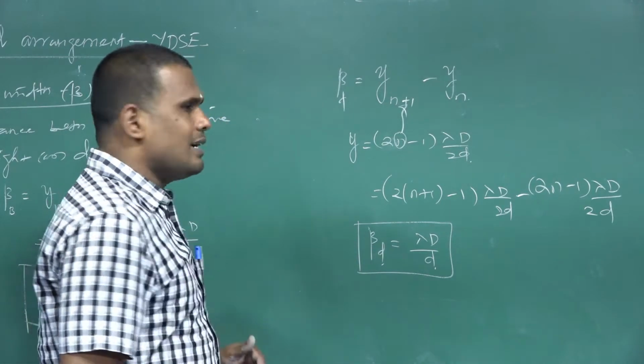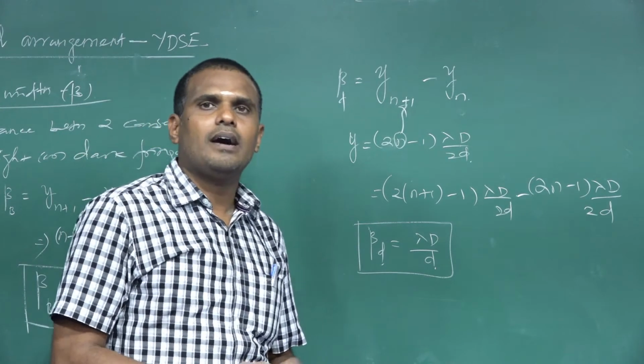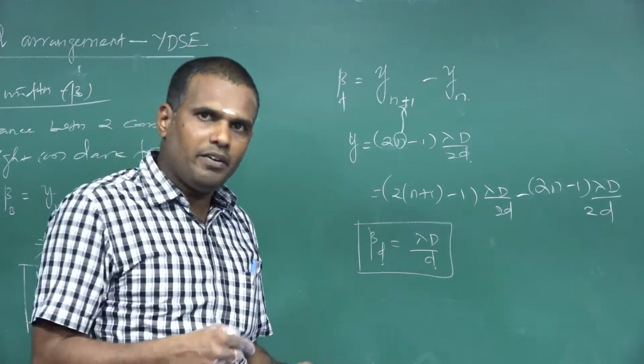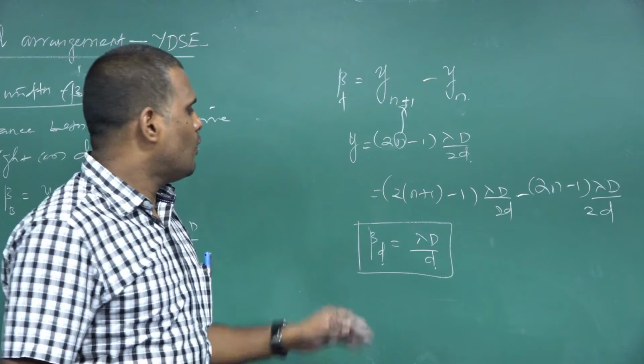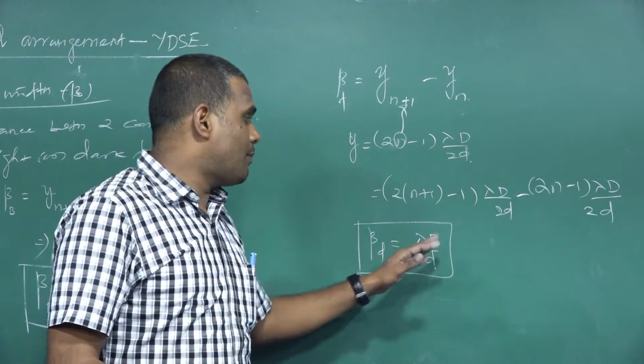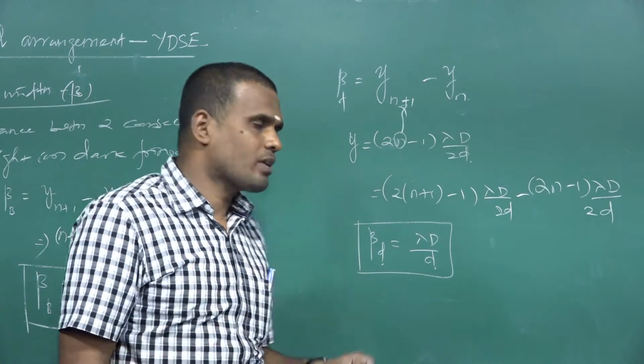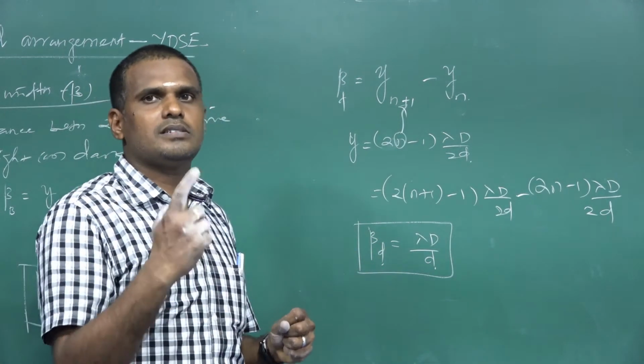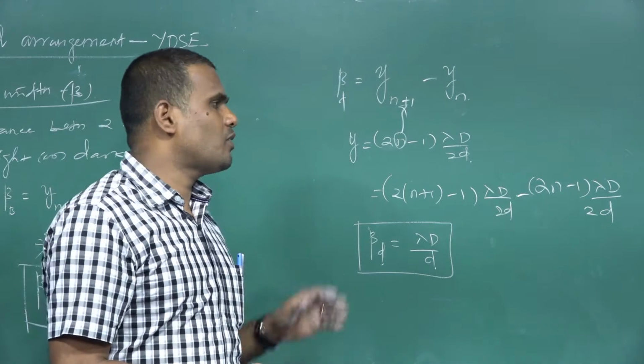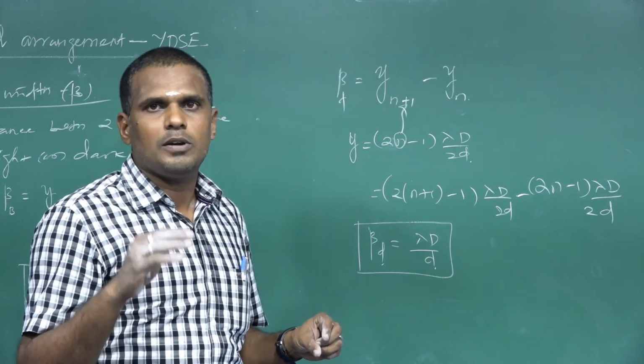So what is bandwidth? It is the distance between two consecutive bright or dark fringes. What is the bandwidth for bright fringe? Lambda capital D divided by small d. What is the bandwidth for dark fringe? Lambda capital D divided by small d. Distance and bandwidth are different. When you speak about the distance of the bright fringe, then you have n lambda capital D divided by small d.